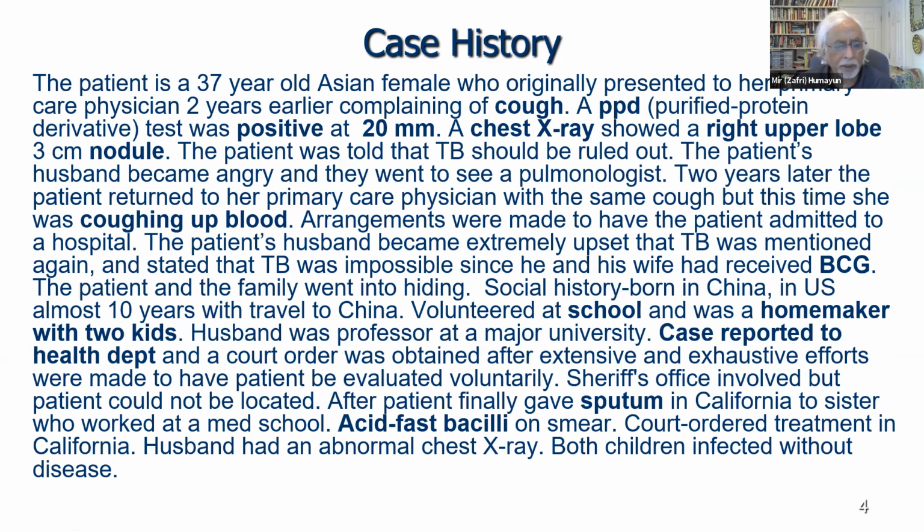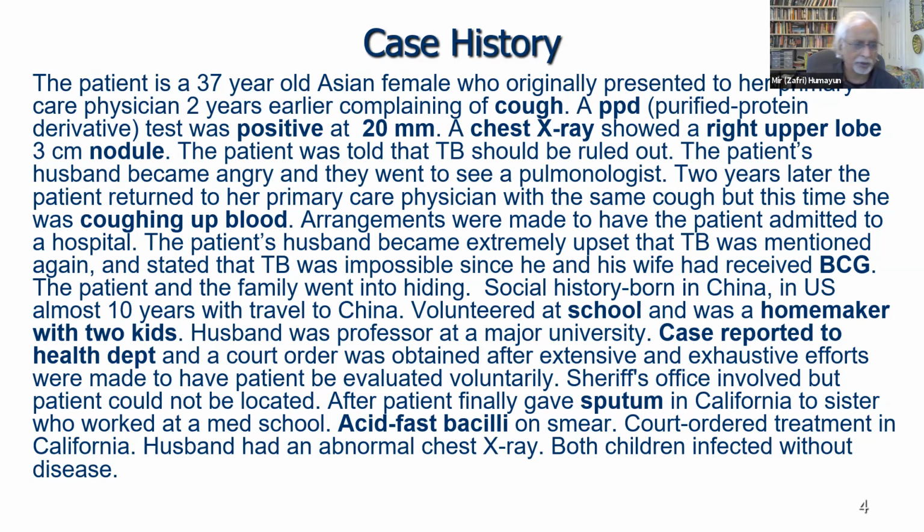2 years later, the patient returned to her primary care physician with the same cough, but this time she was coughing up blood. Arrangements were made to have the patient admitted to a hospital. The patient's husband became extremely upset that TB was mentioned again and stated that TB was impossible since he and his wife had received BCG vaccination.